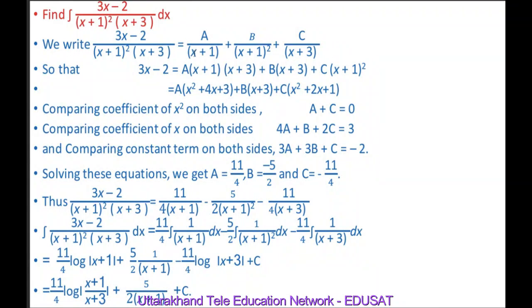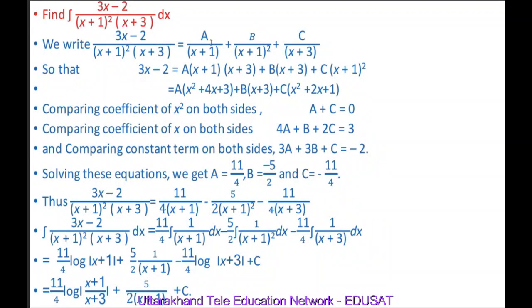Now you know how to add these functions. The LCM will be x plus 1 whole square into x plus 3. So on the right hand side we have 3x minus 2. Because the LCM is same on both sides, in the denominator we have the same term, so I have not written it in the next step.